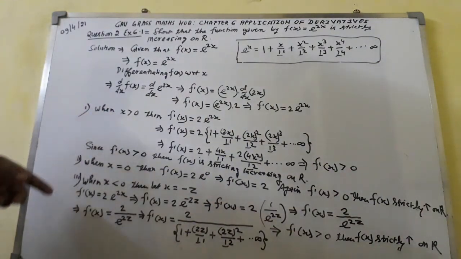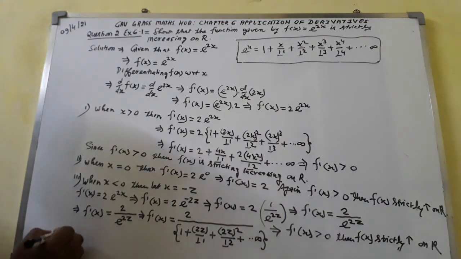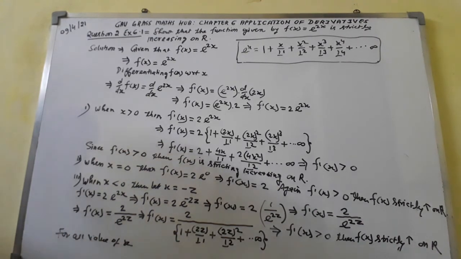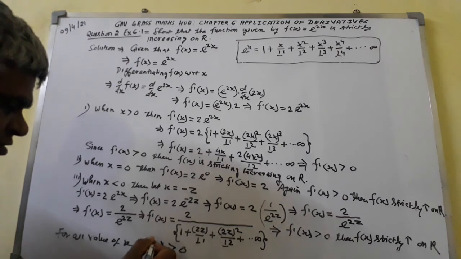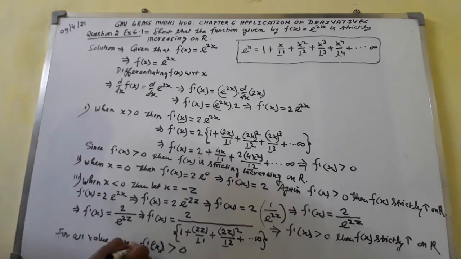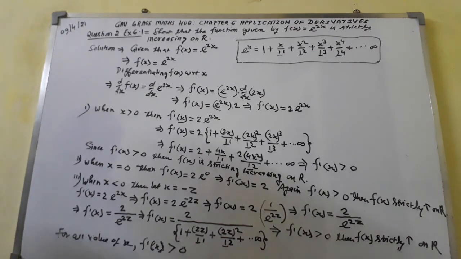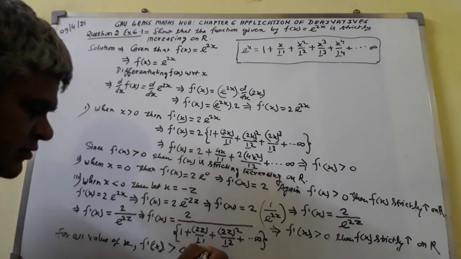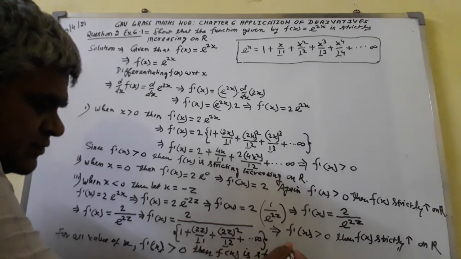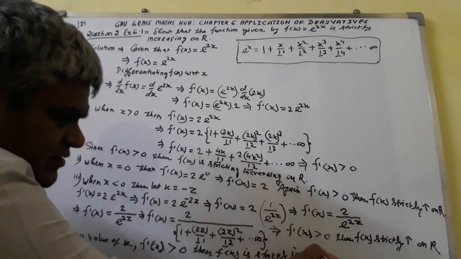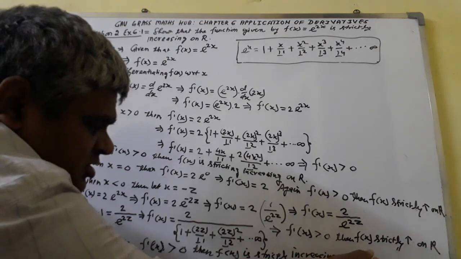In all cases, case number 1, case number 2, case number 3, we see that for all values of x, f dash of x is greater than 0, hence f of x is strictly increasing on the set of real numbers.